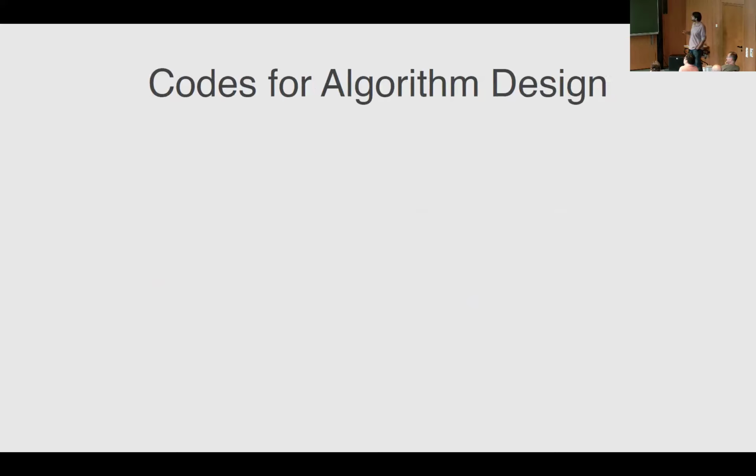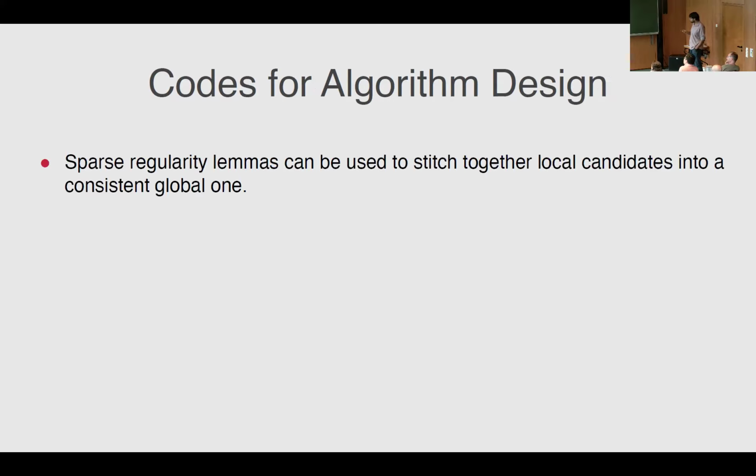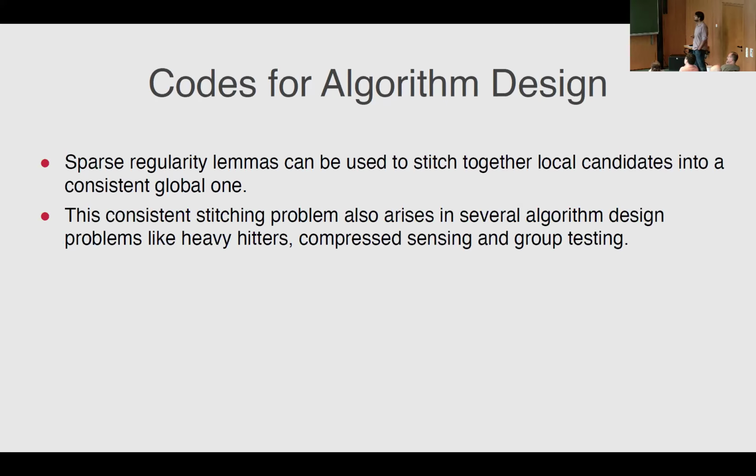The final thing that I wanted to talk about was just using codes as an algorithm design tool. So what we roughly saw was that sparse regularity lemmas can be used to stitch together local candidates into a consistent global one. This problem arises not just in codes. This consistent stitching problem also arises in applications like heavy hitters, compressed sensing, group testing, etc., where the typical choice might be to use a list recoverable code.